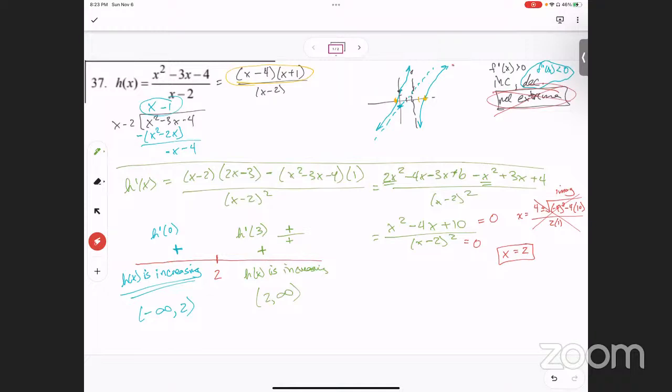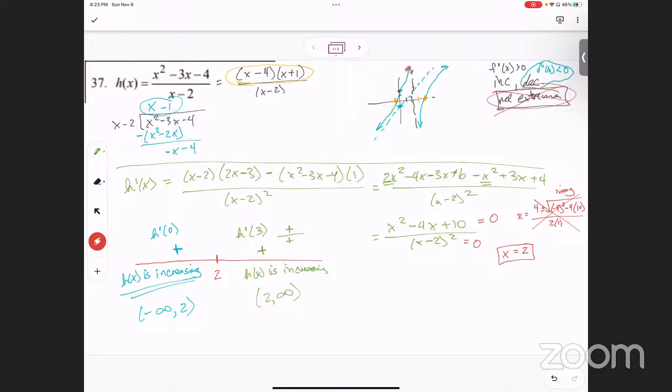In fact, that's why I drew this picture for you, so you could visualize it. This is my h of x graph right here. Can you see what's happening from negative infinity to 2, on this part of it? It's increasing from left to right.